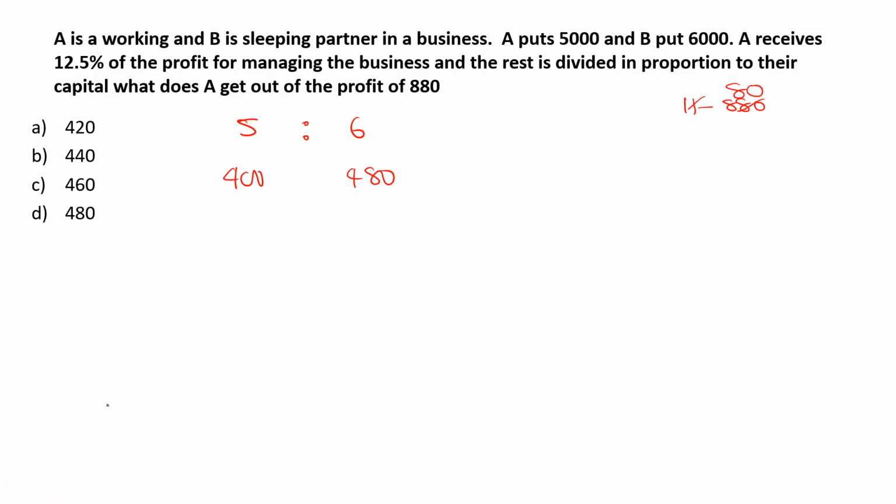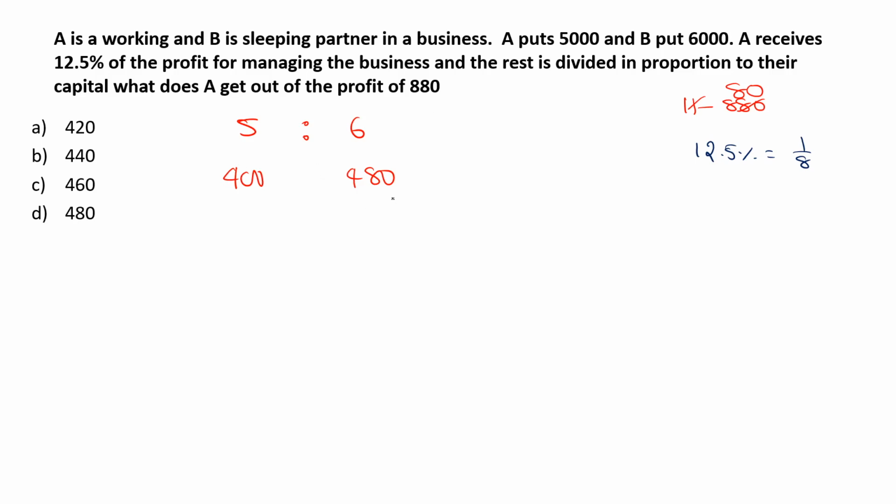Now there is a condition that A will get 12.5% of the profit for managing the business. 12.5% can be written as 1/8. That means A should get an additional 12.5% of the profit as a salary for maintaining the business.